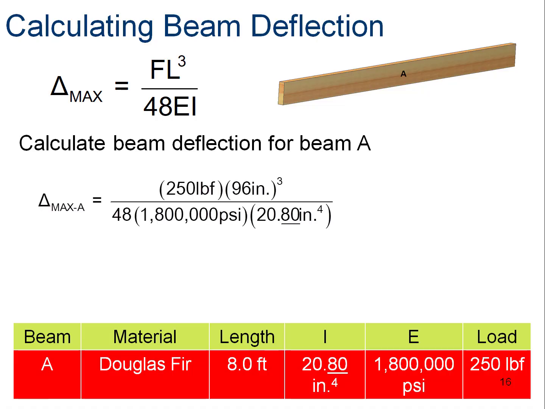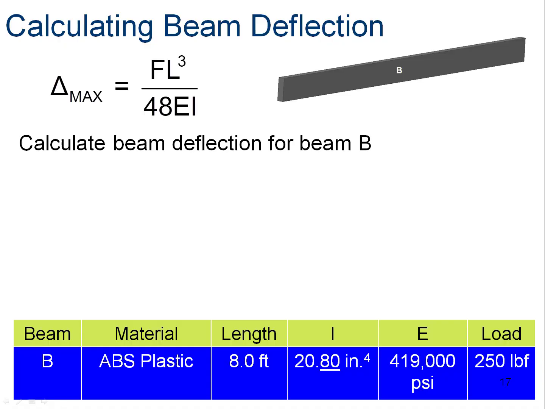So the delta max of that beam is going to be 250 pounds of force times 96 inches to the third power, divided by 48, and then the modulus of elasticity, and divided by the moment of inertia. If you went through and canceled your units, what you would see, PSI is pounds per square inch, you'd see that you come out in inches as your units. Now if I look at beam B, all that's changed here is my E is 419,000 pounds per square inch.